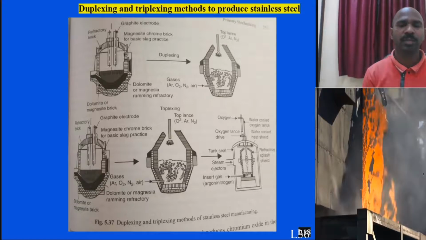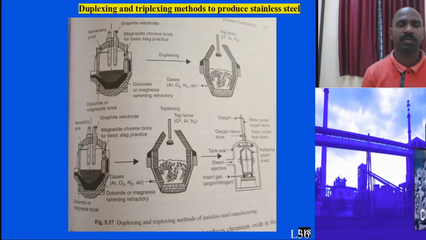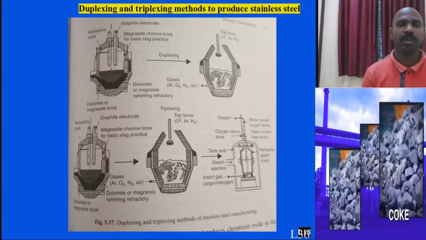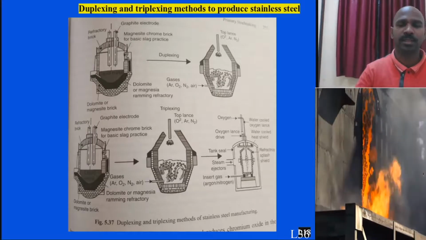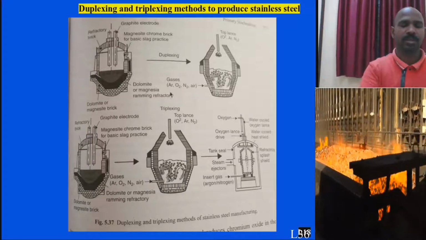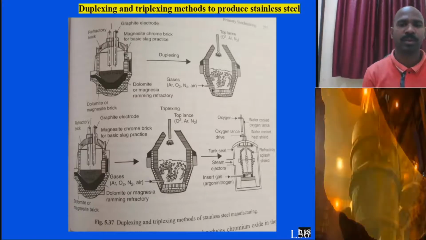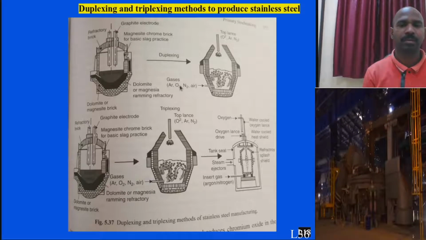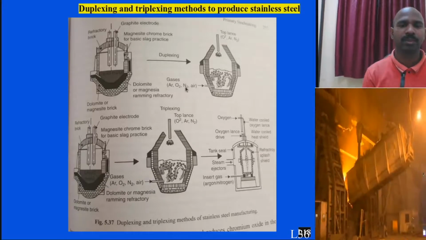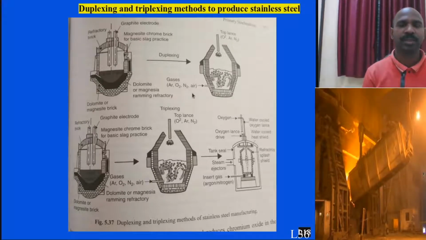For those things, as I introduced, there is a vessel called the AOD vessel. In the AOD vessel, from the side tuyeres you usually send a mixture of argon and oxygen, or oxygen and nitrogen, or air.